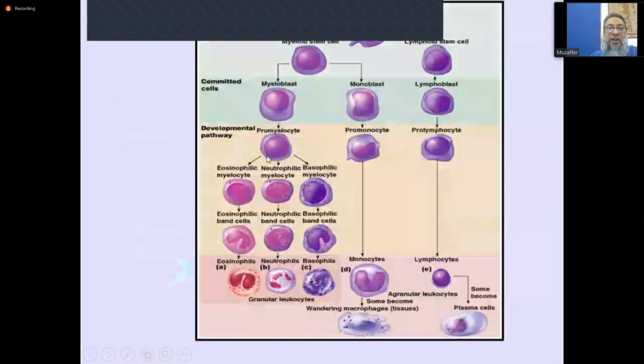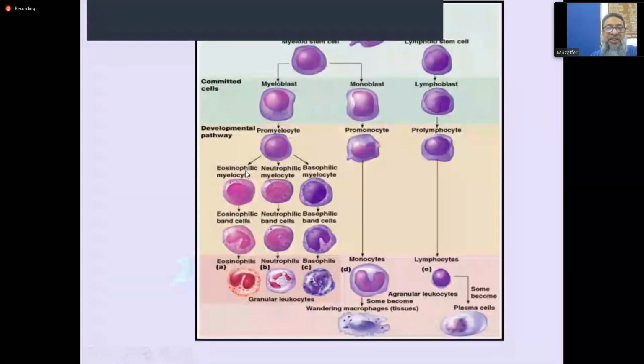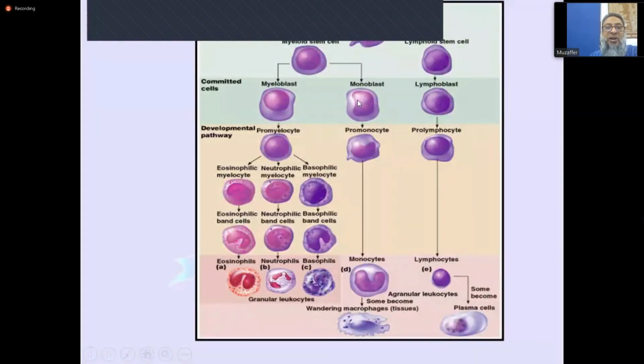This gives the promyelocyte, which differentiates into eosinophil, neutrophil, and basophil. Another series is the monoblast, which gives the promonocyte to convert to monocyte. Further, they differentiate into the macrophages.